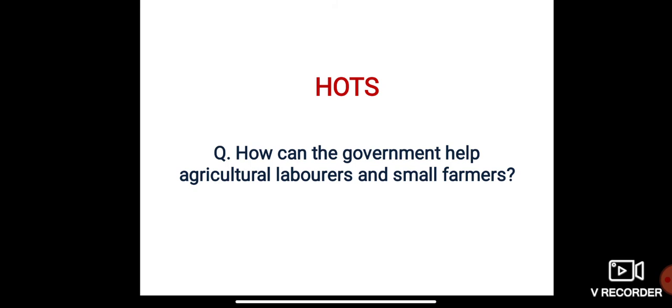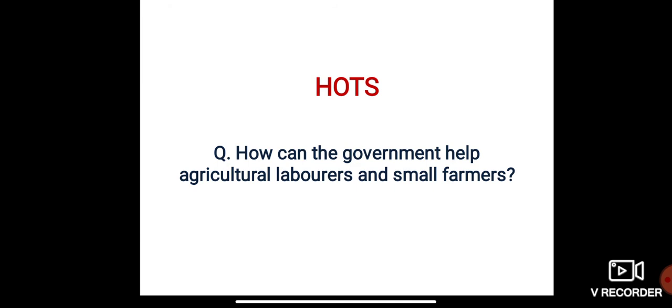The government can help small farmers by providing seeds and fertilizers, so that they don't have to borrow money from rich farmers. There can be better irrigation facilities so that the crops don't depend on rain alone. They can also have alternative jobs for agricultural laborers, apart from agricultural work.